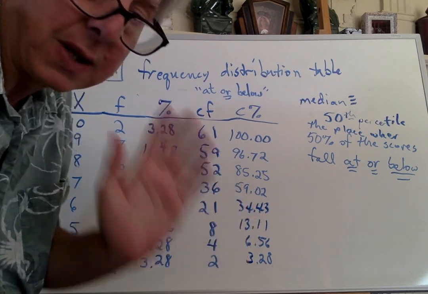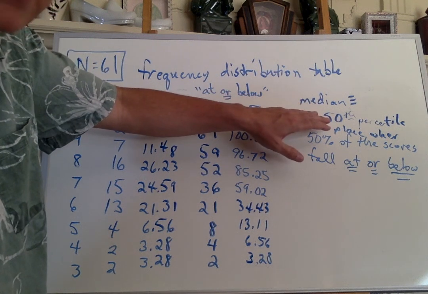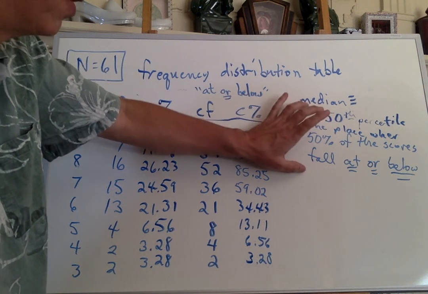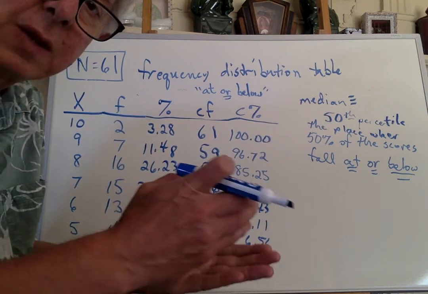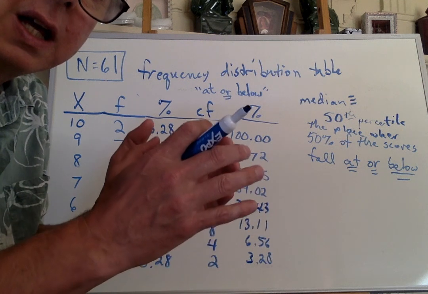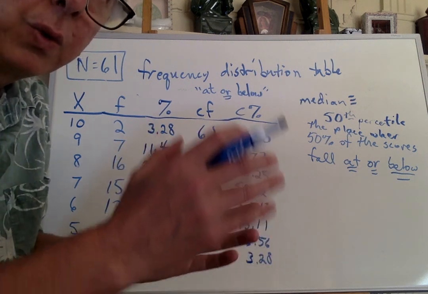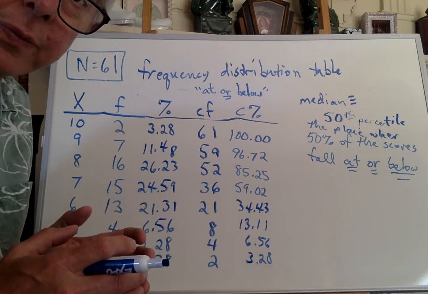Everybody with me? Because it happens every semester. The median is the 50th percentile. That is a fact. But then I want you to know, well, what is the 50th percentile? The 50th percentile tells us the place in the distribution where 50% of the scores fall at or below.